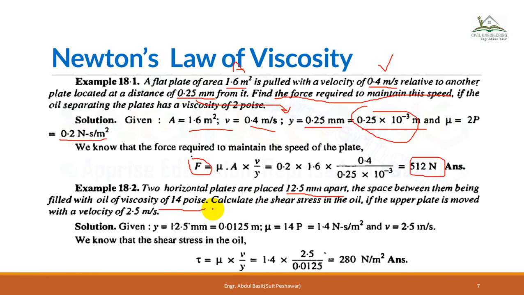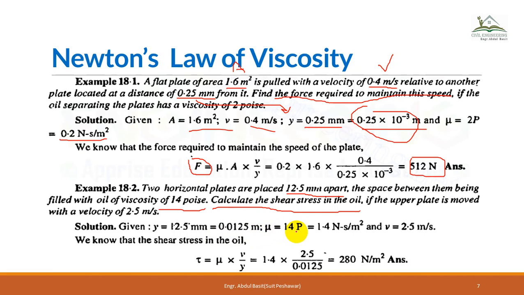So here now force is not required, stress is required. So no need to put the area over here; the area should be divided out to find tau. If the upper plate is moved with a velocity of 2.5 meters per second, this is the velocity of the upper plate. Y is given in millimeters, so you convert it to meters.